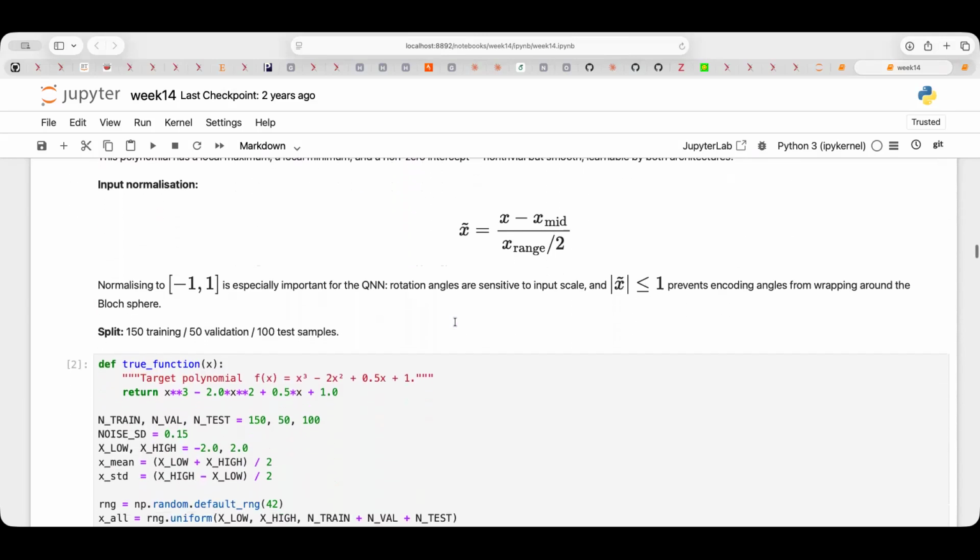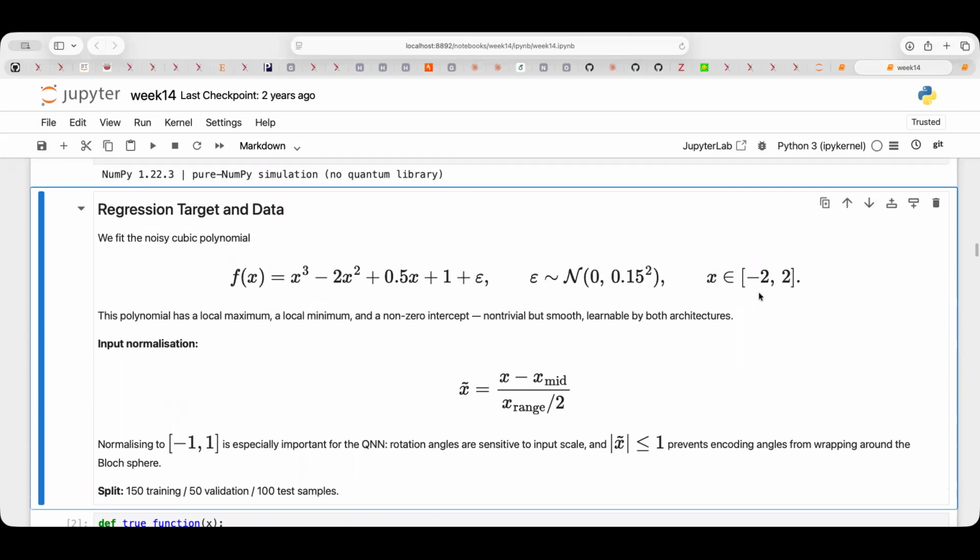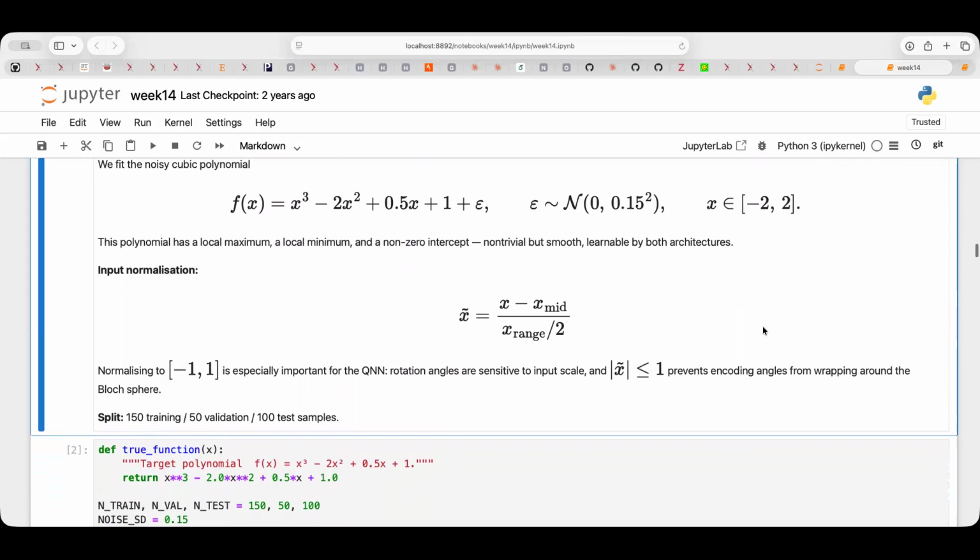I normalize my data to between -1 and 1. This is especially important for the QNN, rotation angles, and is something to keep in mind. So I define my data set between -2 and 2, but when I'm looking at rotation, the angles are sensitive to input scale. This is something to keep in mind when you're using a quantum neural network.